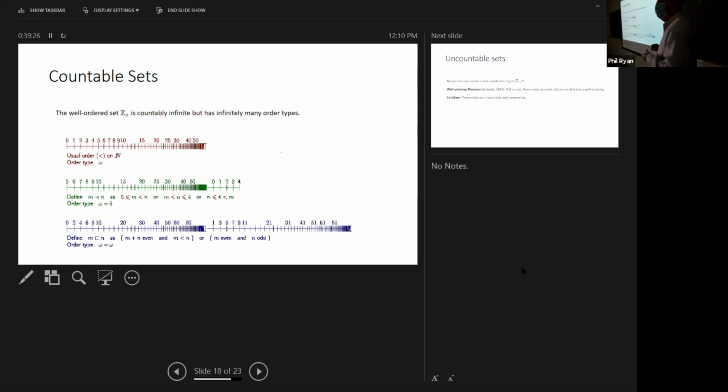We might call it an ordinal. All right. So that's the typical order type for countable infinity. So you know about Aleph null? Aleph null is the cardinality of Z plus. This is the ordinality of the usual Z plus.